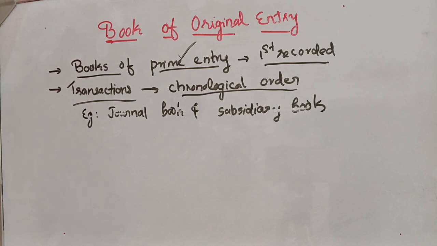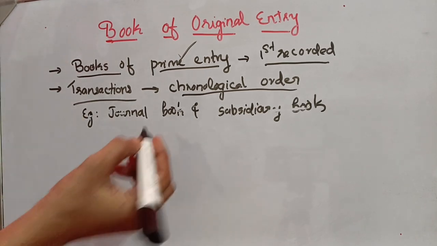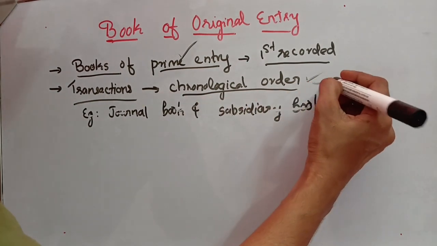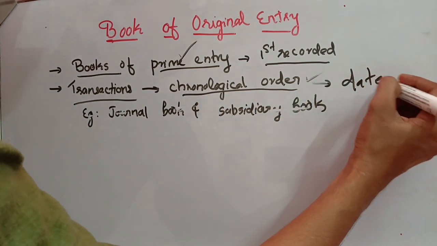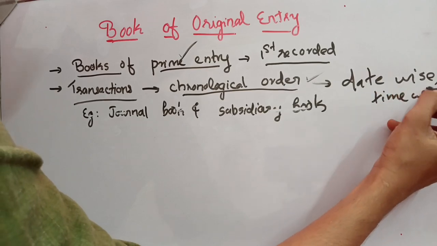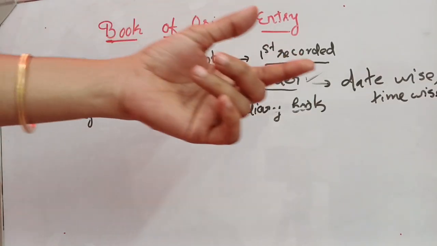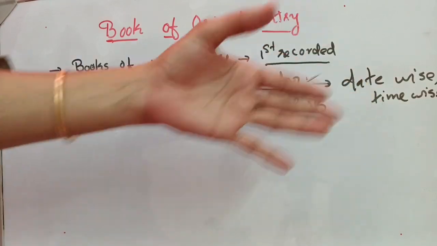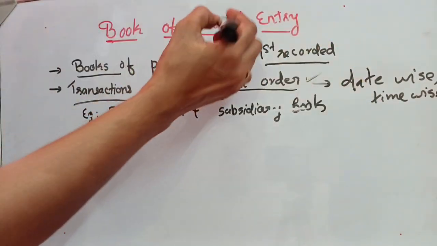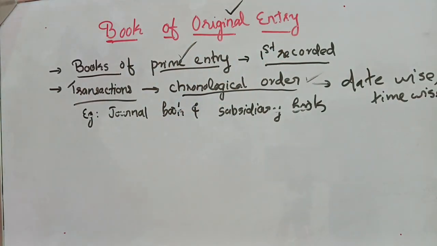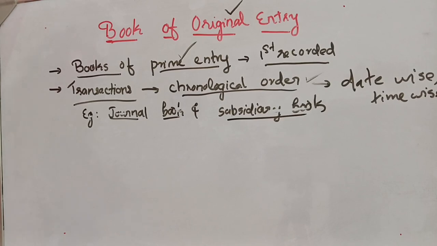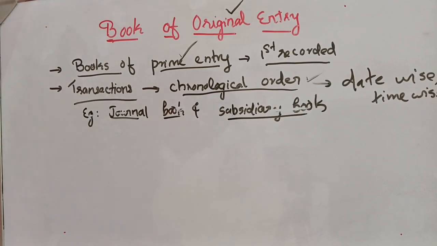Here in these books of record, the transactions are recorded in chronological order, that is date wise and time wise, in the order of happening or occurrence. For example, the journal book and subsidiary books are called books of original entry.